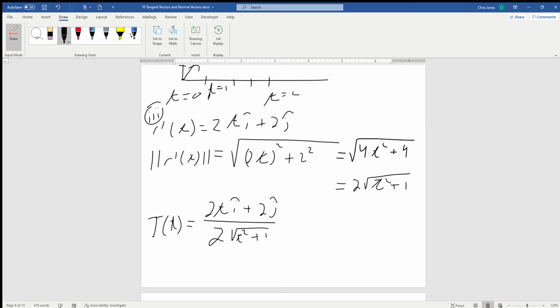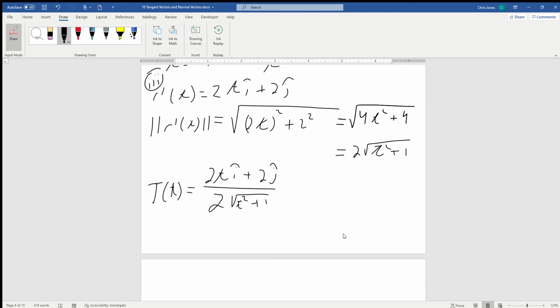Another way to write this that's going to be more helpful for us is to rewrite this. Now the 2's are all going to cancel out nicely, and we're going to write this as t times (t squared plus 1) to the minus 1/2 i plus (t squared plus 1) to the minus 1/2 j.